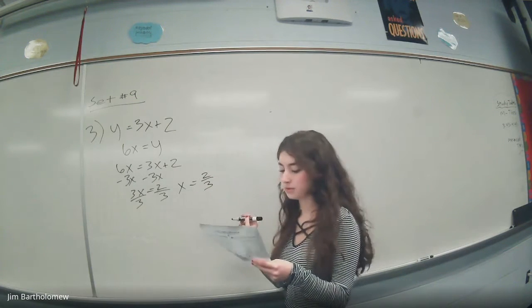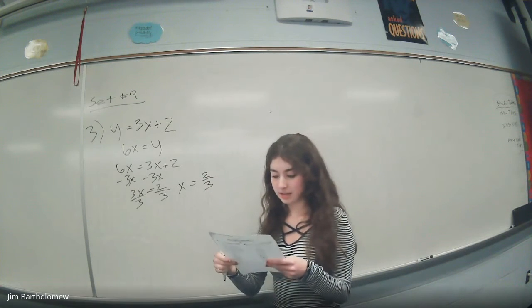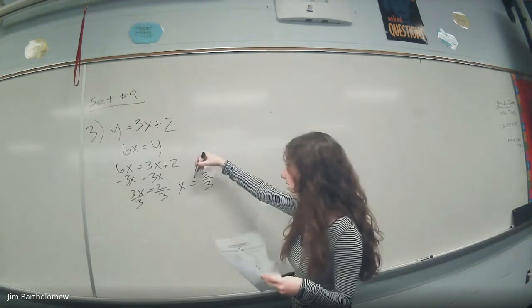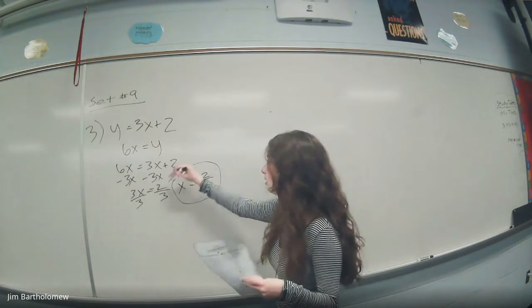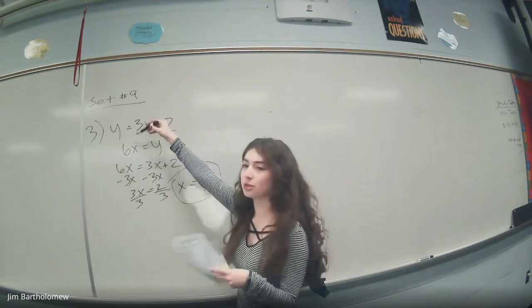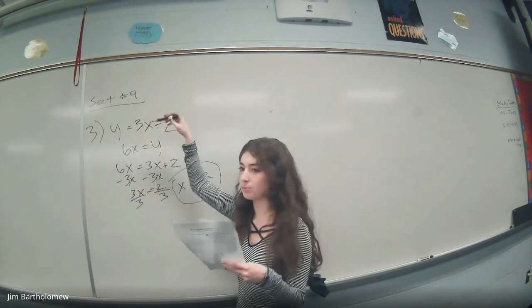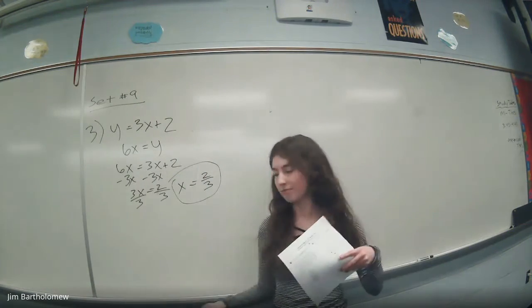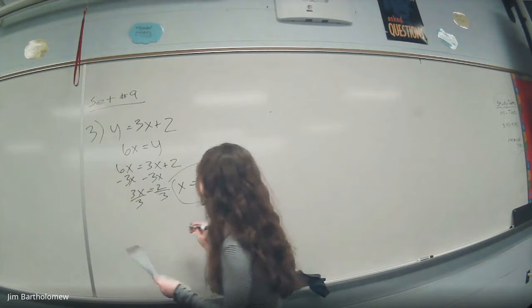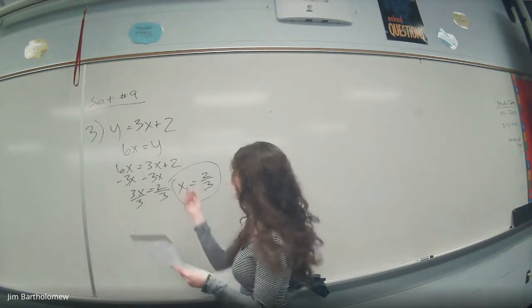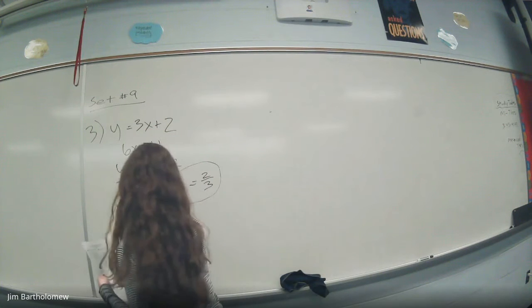So x equals 2/3. And now we have to plug the x value of 2/3 back into one of the original equations to get the y value, because you want the coordinate, which is the x and y value. So I would just use the second one here because it seems easiest to me.